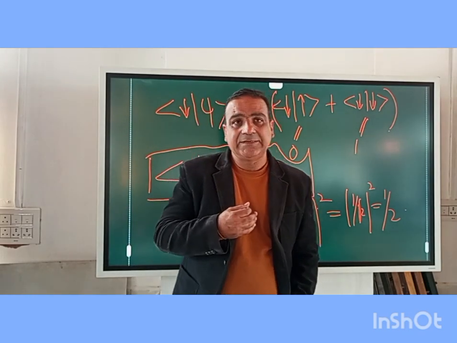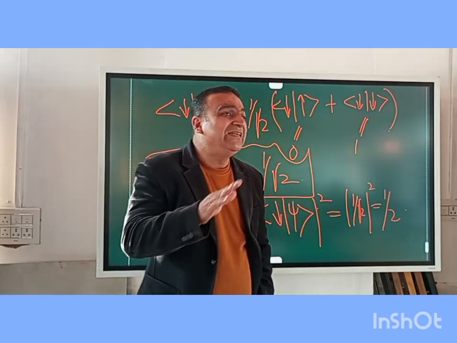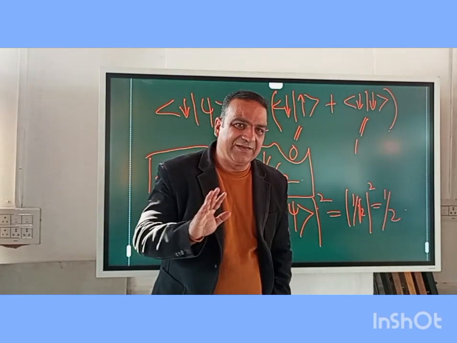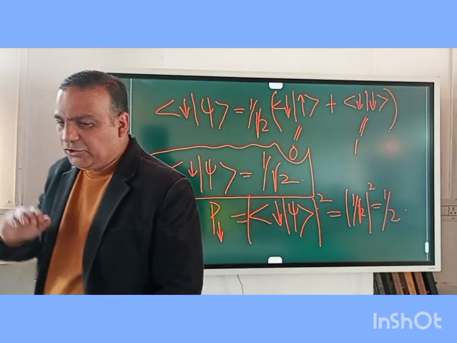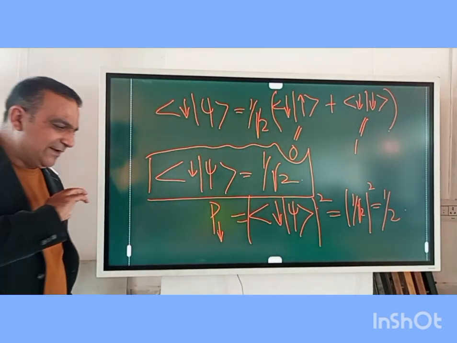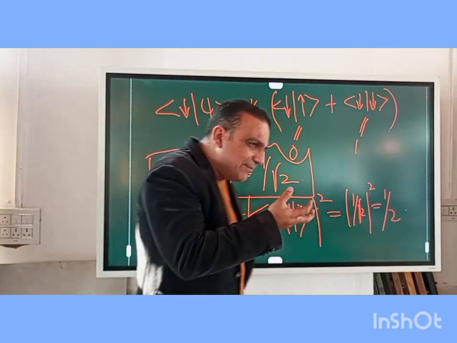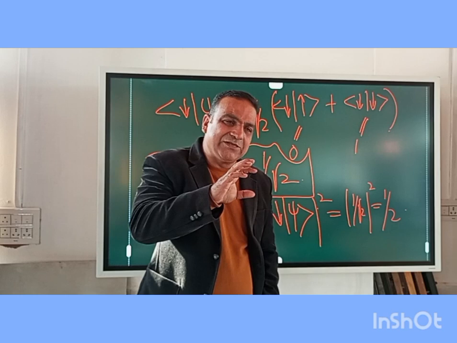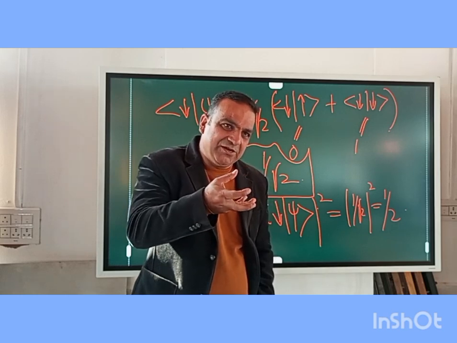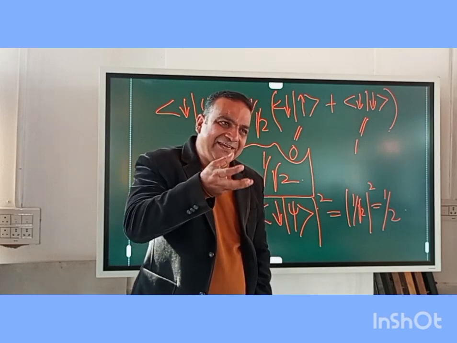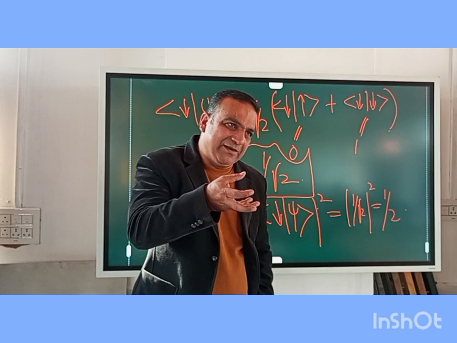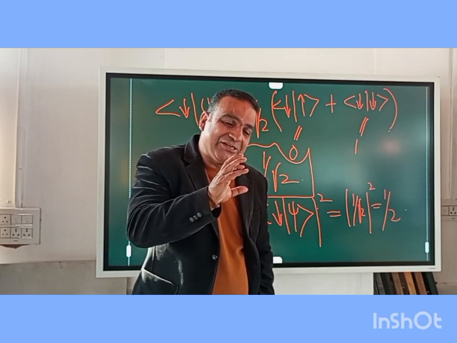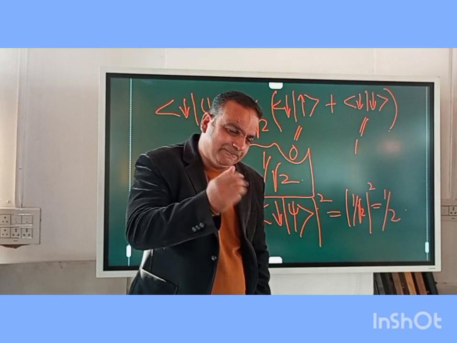That means there is no other interaction involved. Your problem is that you are applying a magnetic field, and this magnetic field is rotational in nature, right? So we are acting on the spin of the particle, applying a magnetic field which has a rotating nature.